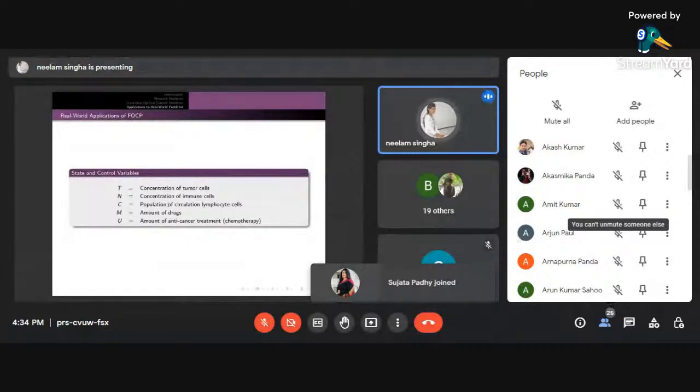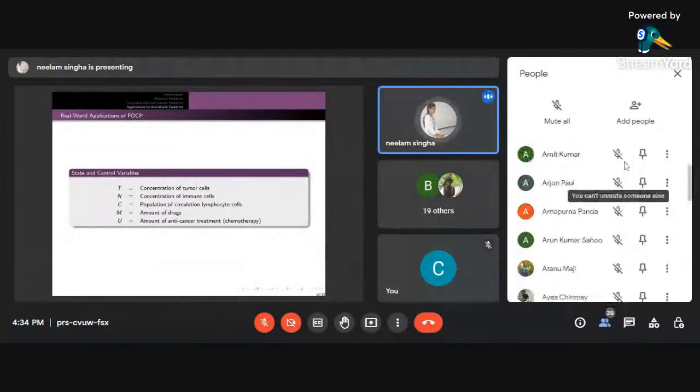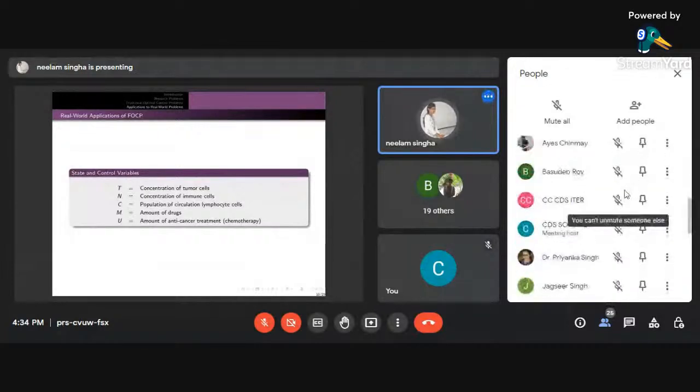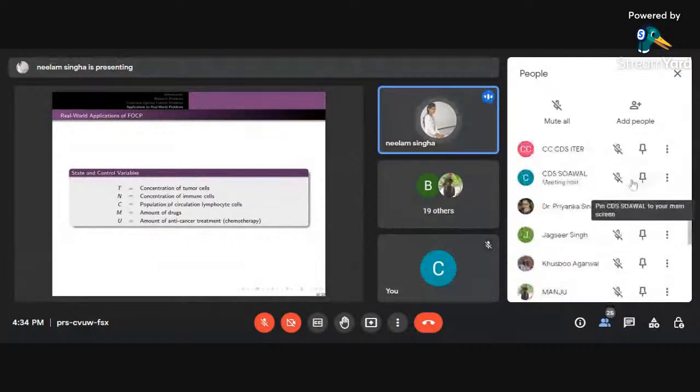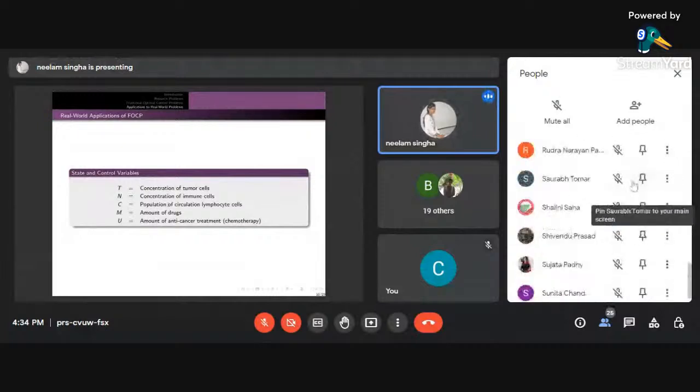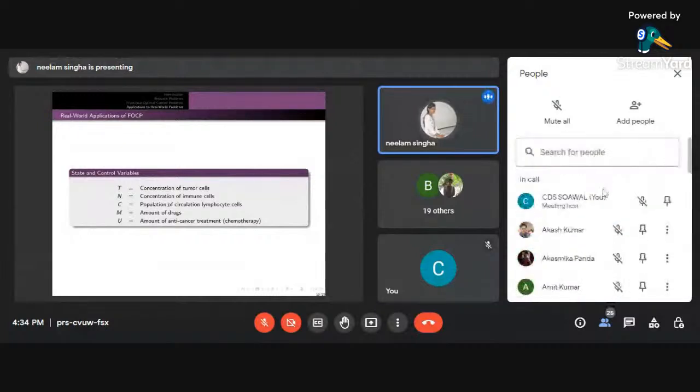Note that I have mentioned drugs as well as anti-cancer treatment separately because whenever a patient is going through some chemotherapy or other anti-cancer treatment, some medicines are given together with it. So M denotes the medicines and U denotes the treatment being given to the patient.